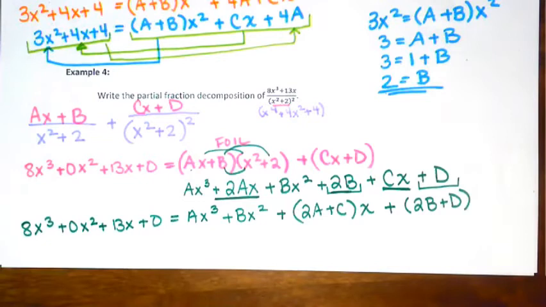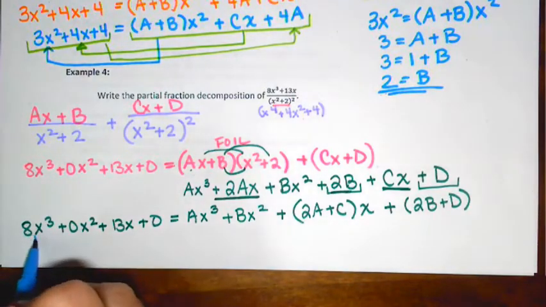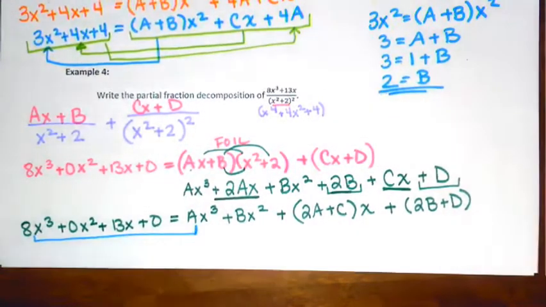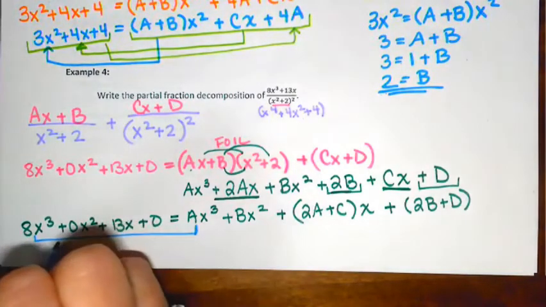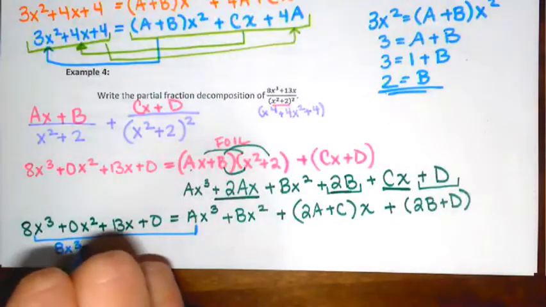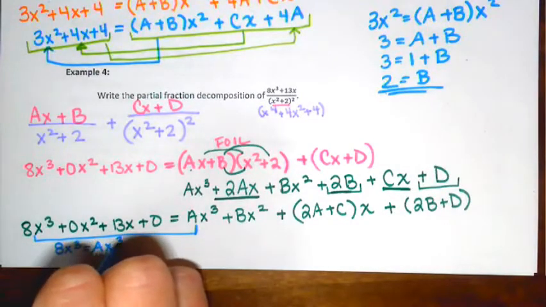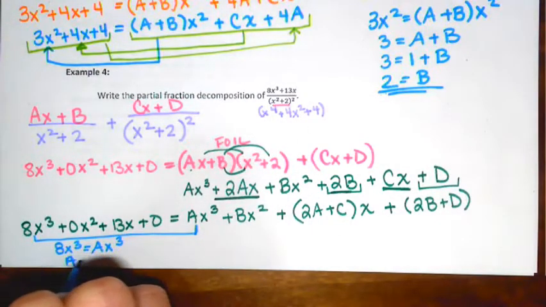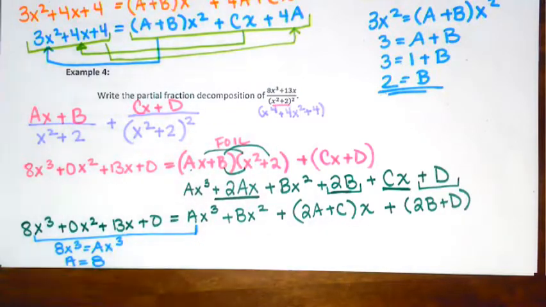Now, do they look alike for you? I think so. Doesn't ax cubed and 8x cubed the same? Yeah. So isn't 8x cubed equal to ax cubed? Yes. So what would a equal? 8.